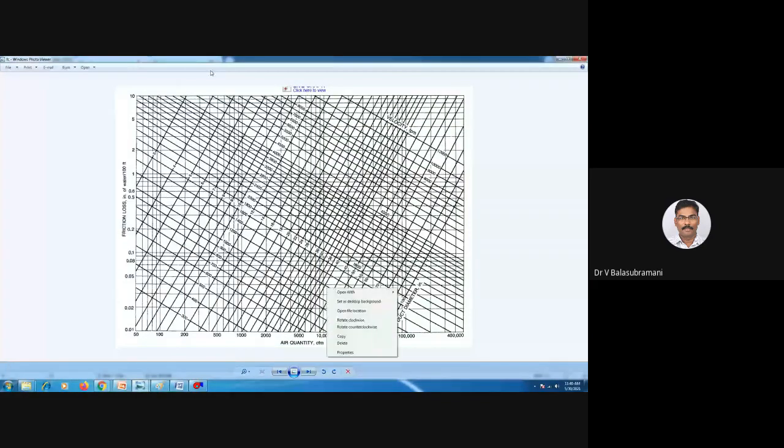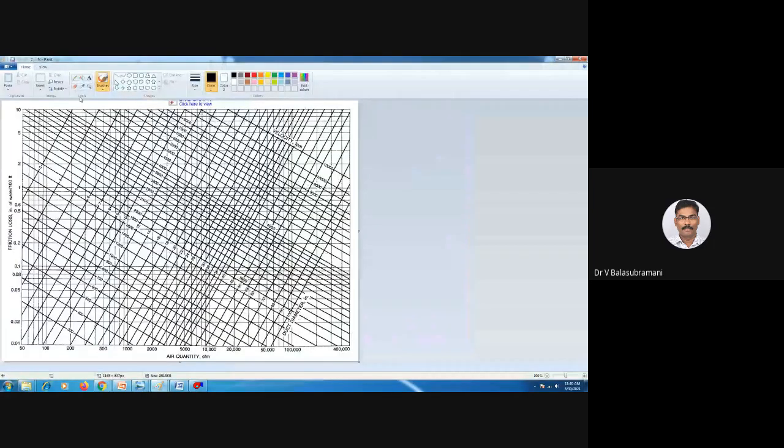I just open this. This chart is very important, sir. Using the chart only, the equal friction method is adopted. So 10,000, 9,000, 8,000. This is 7,500. This is the 30 mm, clearly given here.